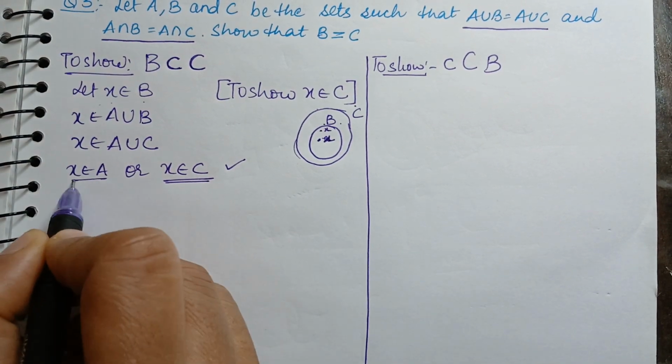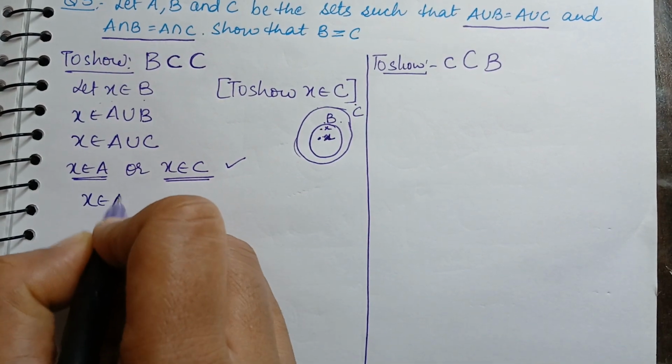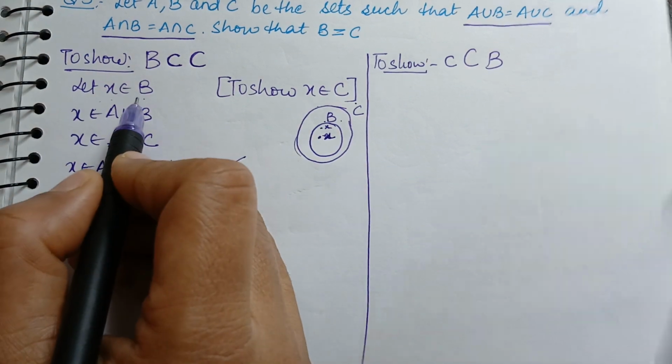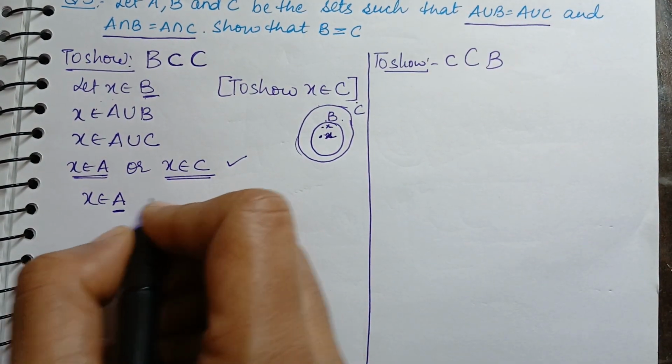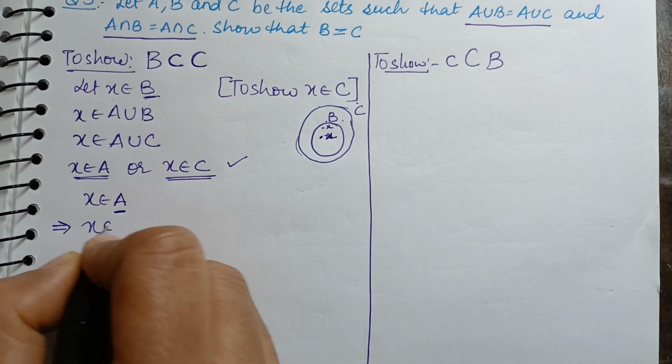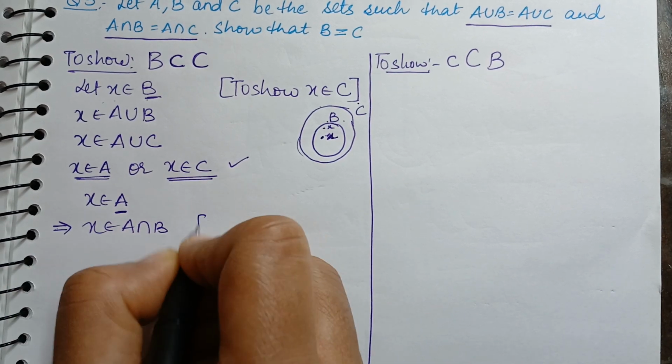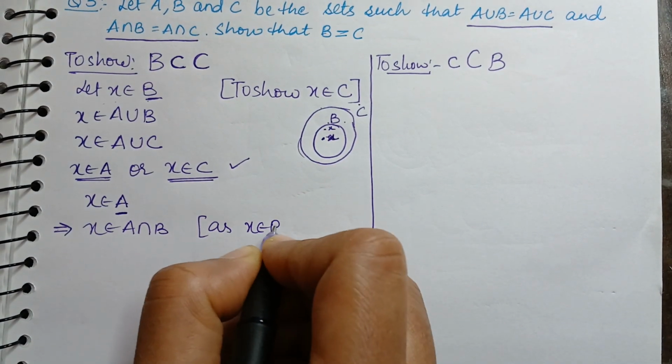Now I will deal with this part. Now X belongs to A. Here X belongs to B and X belongs to A. What does it mean? This implies X belongs to A intersection B, as X belongs to B as well.